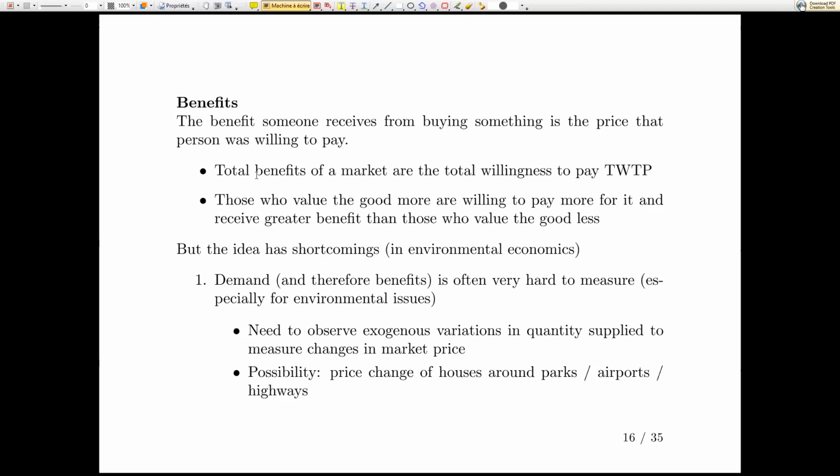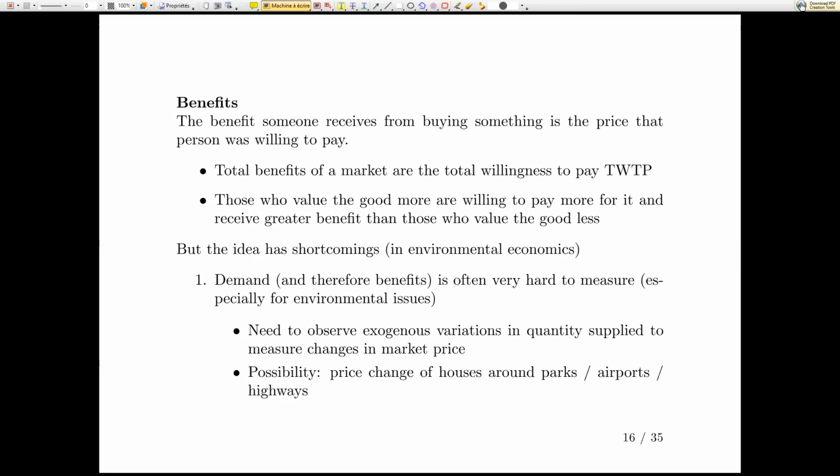So the total benefits of a market are the total willingness to pay of everybody on the market. If it's a private market, it's very obvious, because if I'm ready to pay more for buying a car or buying fruit or buying something else, then it somehow reflects how beneficial or how happy I am buying this thing or that thing.